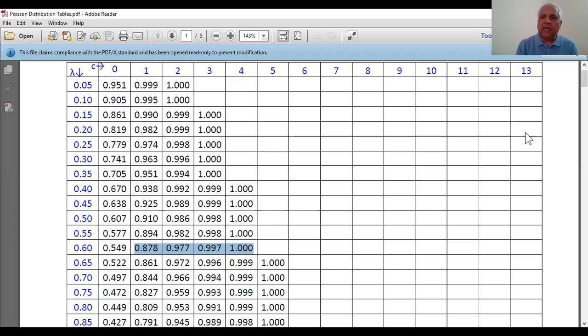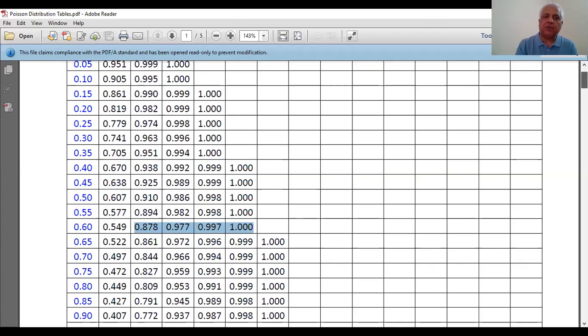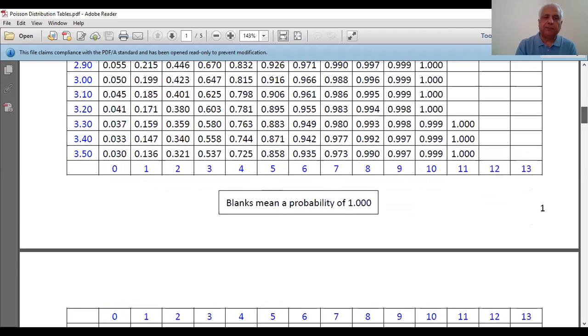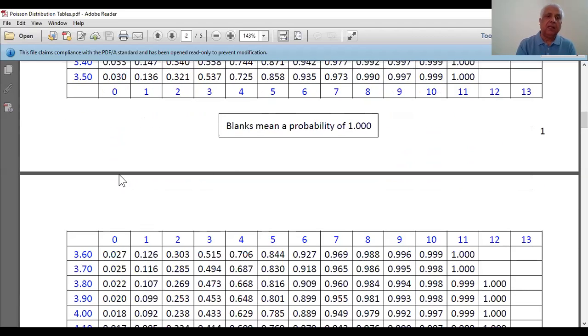Let's go down and find out for beta. Remember, it was 6%, so 6 or 86. And see what is happening to the beta risk. 12.6%, 30.3% for 2, 51.5% for 3, and look, a whopper 71% under 4.